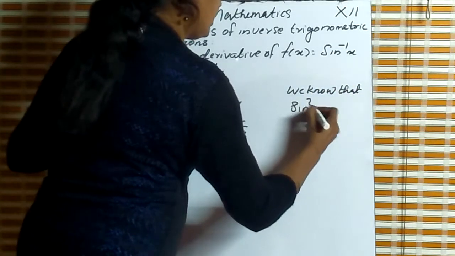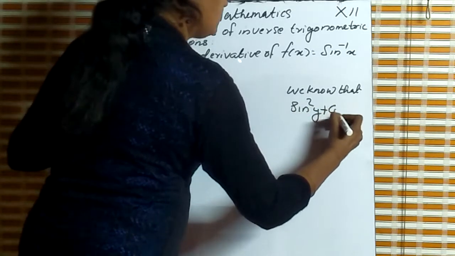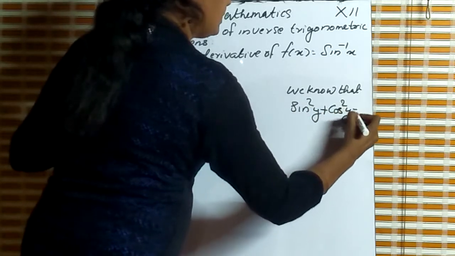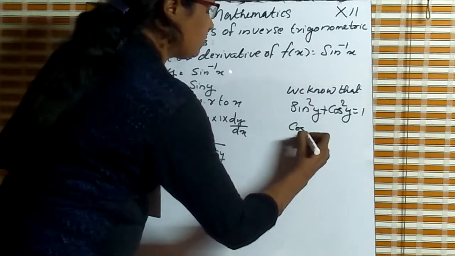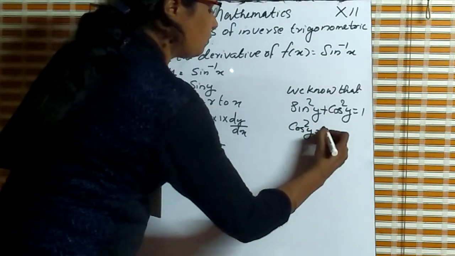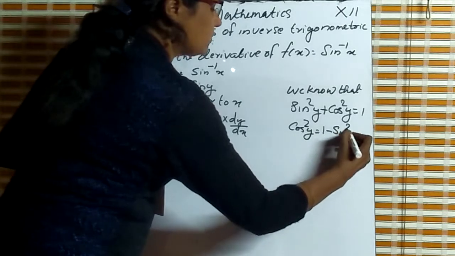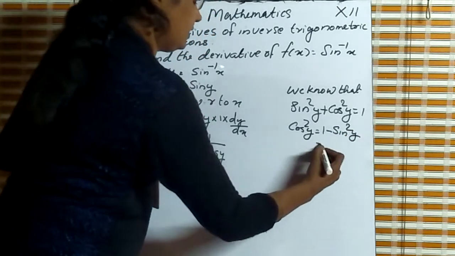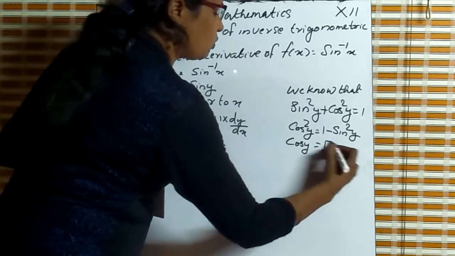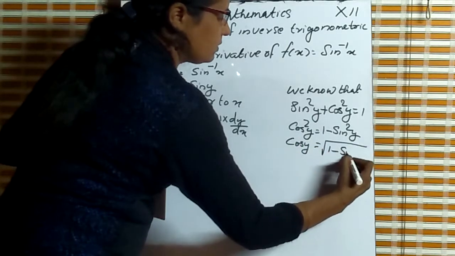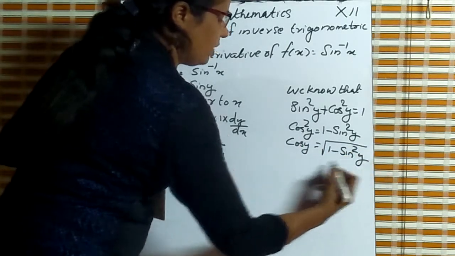sin square y plus cos square y is equal to 1. So what is cos square y? Cos square y is equal to 1 minus sin square y. Cos y is equal to root of 1 minus sin square y.